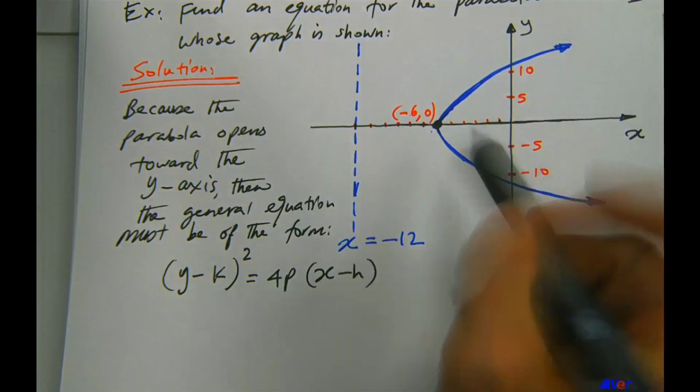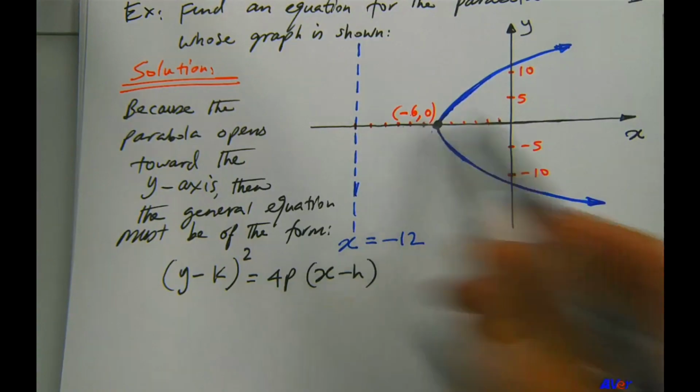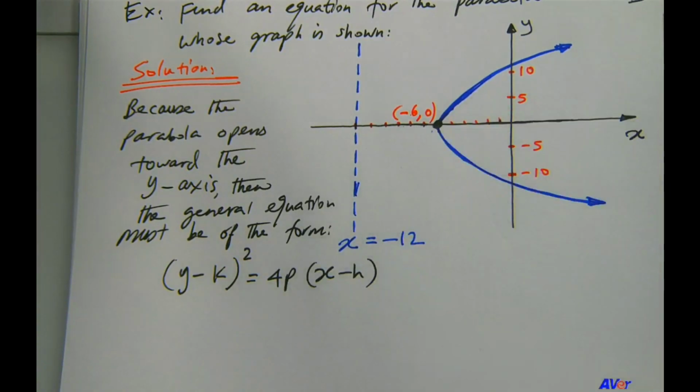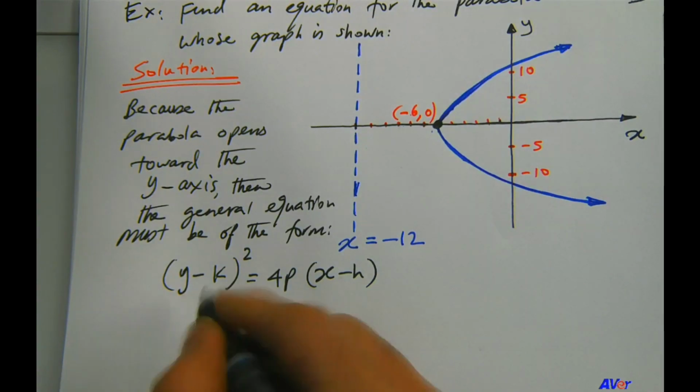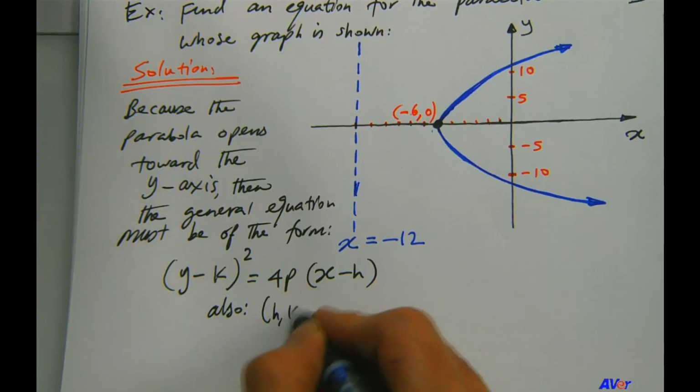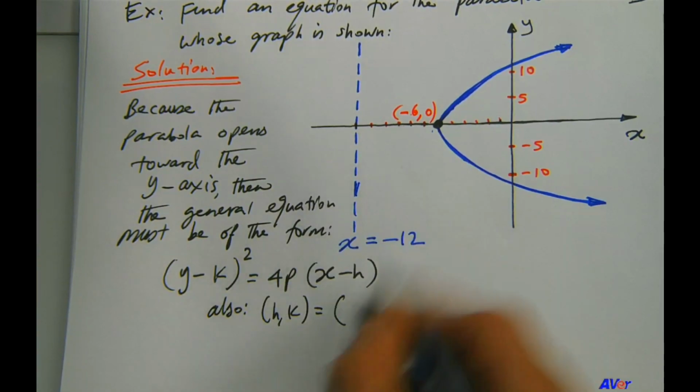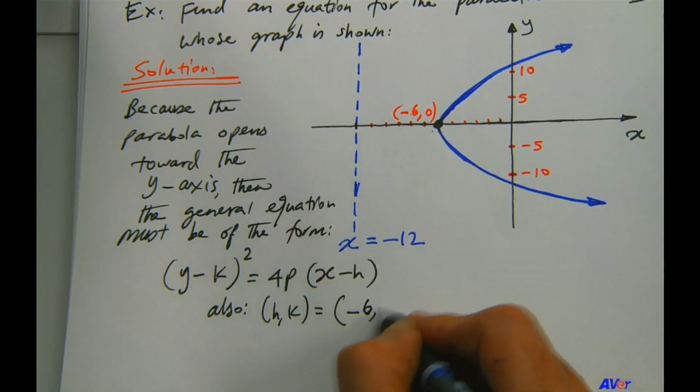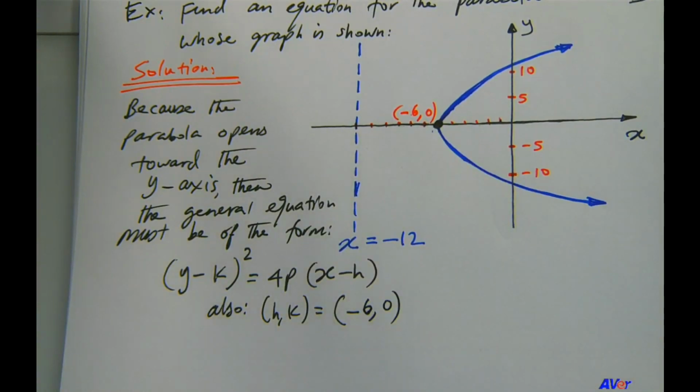Okay, so we already know the center. Let's plug it in, right? We know that h comma k is equal to minus 6 comma 0, right? So let's plug into this general equation with this information about h and k.